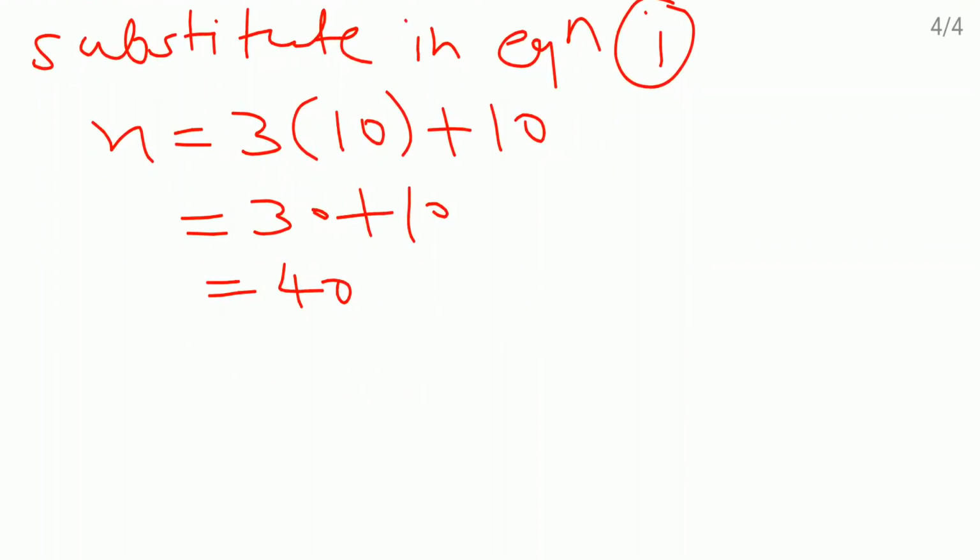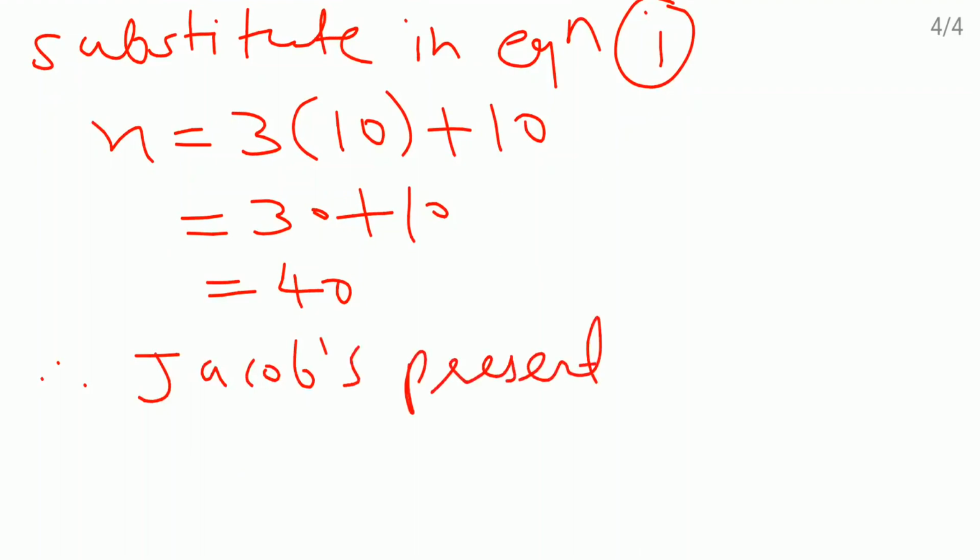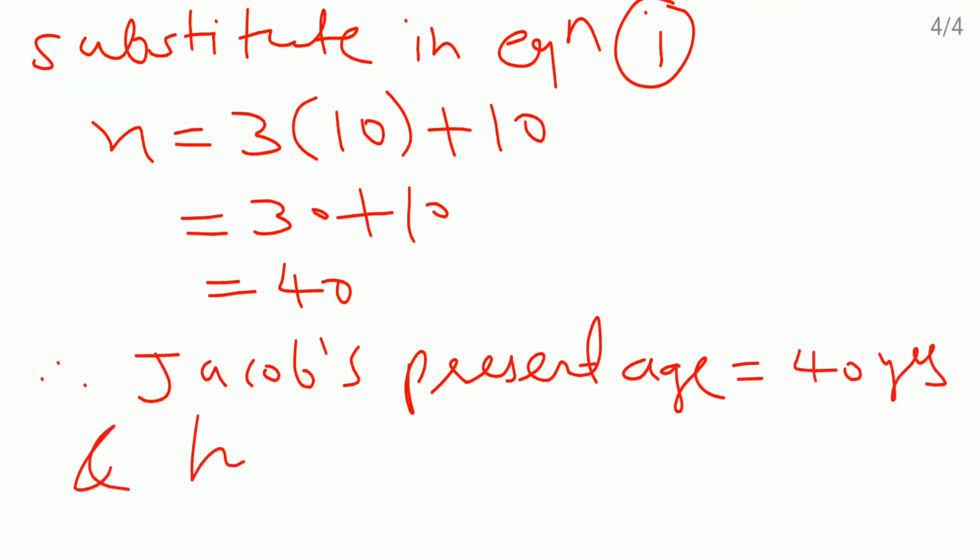Finally, what I'll write down? Therefore, Jacob's present age is equal to 40 years and his son is equal to 10 years. Right? I hope all of you understood these three sums. Thank you.